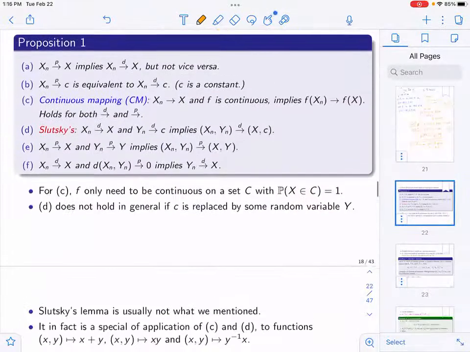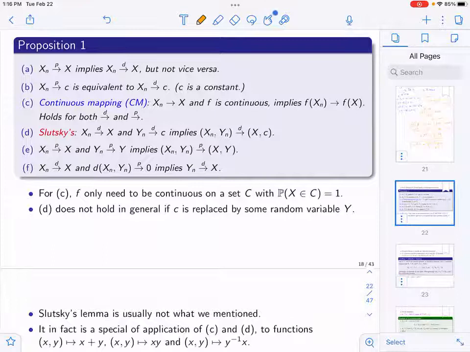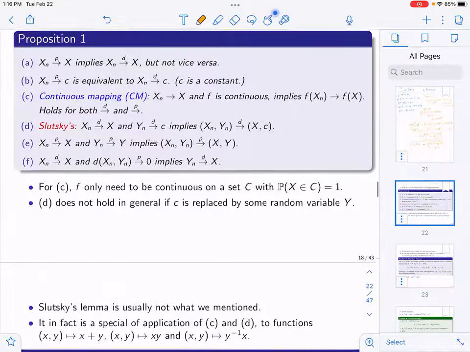For convergence in probability, you can prove it yourself as an exercise. It's simple. We'll refer to this as the continuous mapping theorem. It also holds for almost sure convergence, obviously. So for any of these three types of convergence, if you apply continuous functions, things hold.